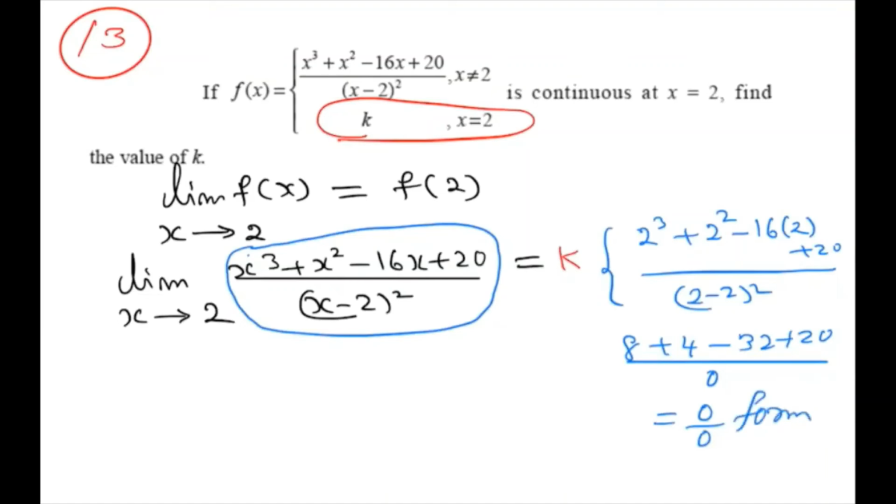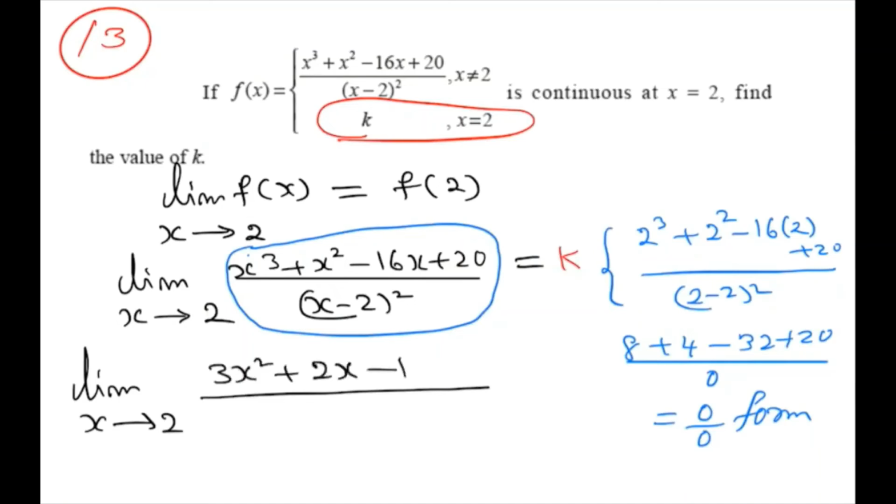So we can use L'Hopital rule here. The rule states that before you apply the limit, differentiate numerator and denominator separately. Limit x tends to 2. Derivative of the numerator, 3x square plus 2x minus 16 plus 0. Derivative of denominator, 2 times x minus 2, equal to k.